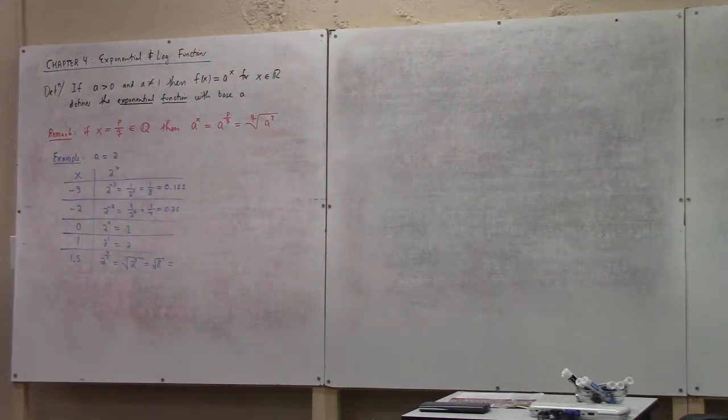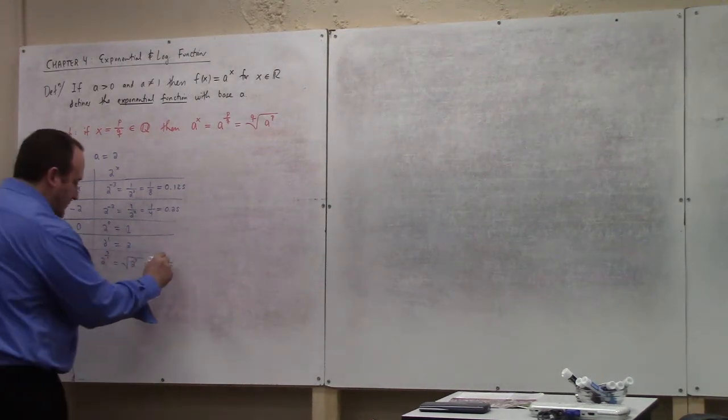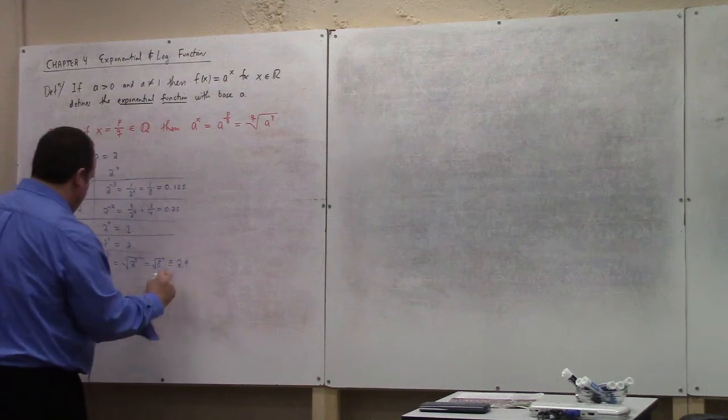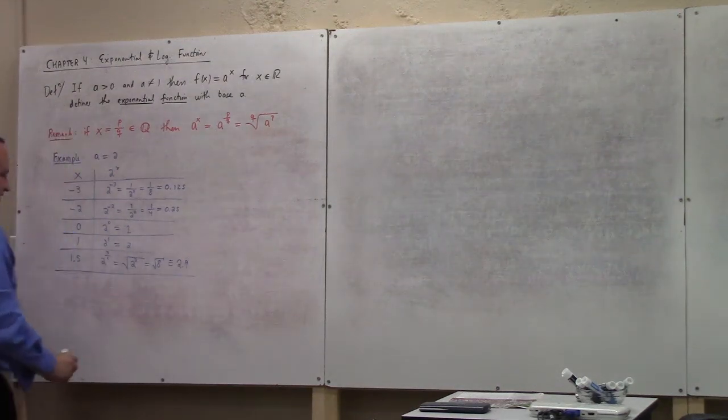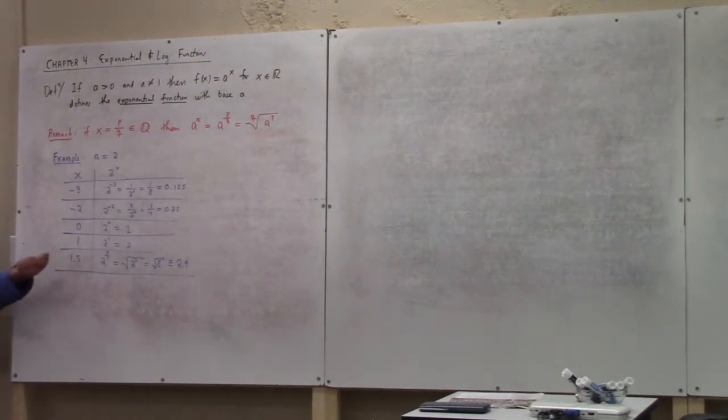It's very close to the square root of 9, so that's approximately 2.9-ish. But my point is, if you have any kind of rational value, you could understand 2 to that value in terms of a calculation with a root and a power.